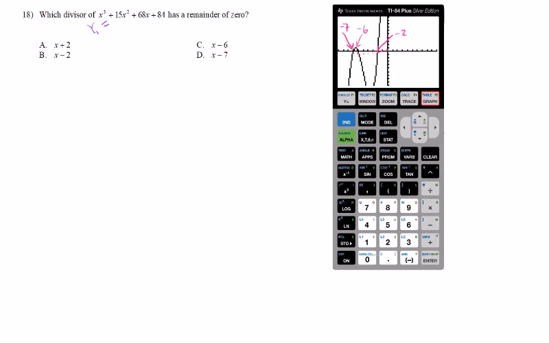Remember zeros, let's work backwards a little bit. We did this on number 1 from the EOC released items. If x equals -2, x equals -6, and x equals -7, then think backwards. We don't have to do this every time; it will become pretty easy once you see it.